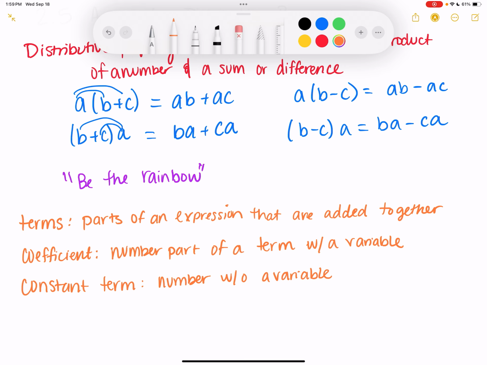And then like terms are terms that have the same variable parts.